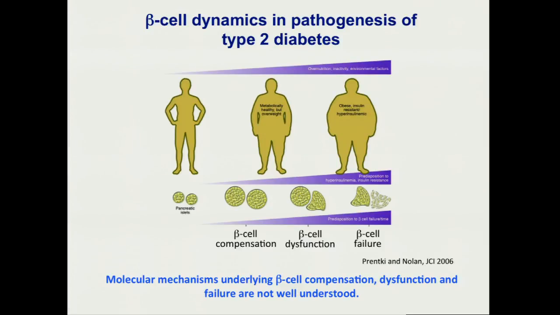As most of you know, type 2 diabetes has increased over the last couple of decades, both in incidence and in prevalence. This is mostly due to the increase of obesity. Obesity causes type 2 diabetes in a couple of ways.